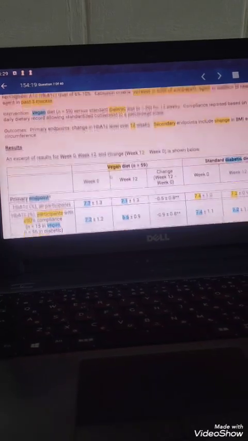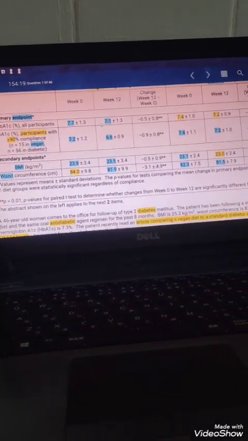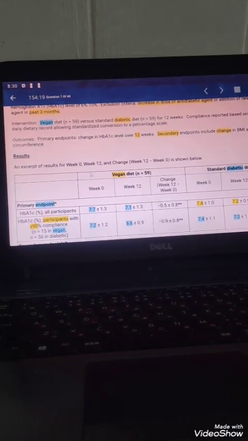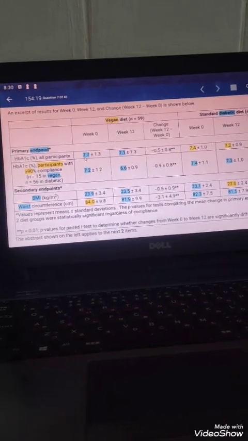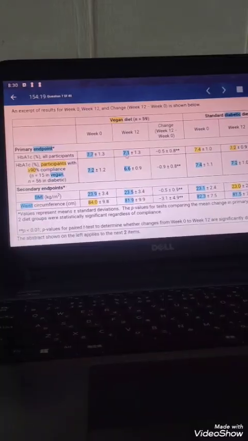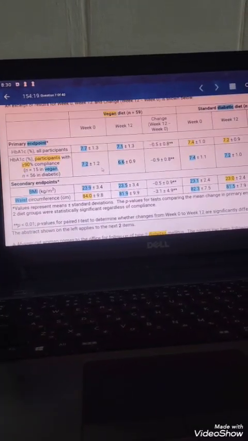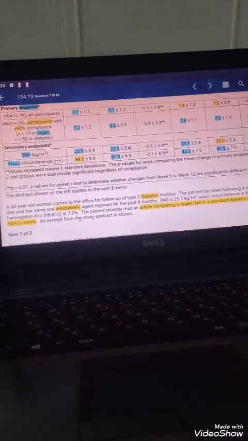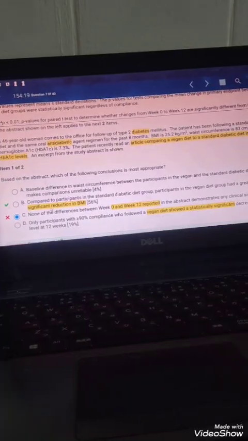So the simplest way to approach a long vignette question is to give extra time to this question. You have to divide the patients into two groups, then look at the table, check the data, mark how significant they are, and then check your questions based on the options.